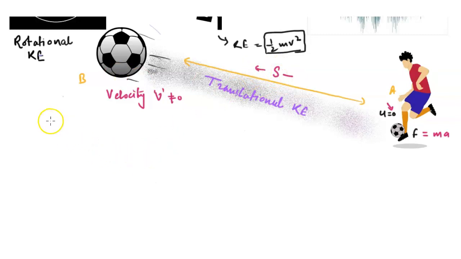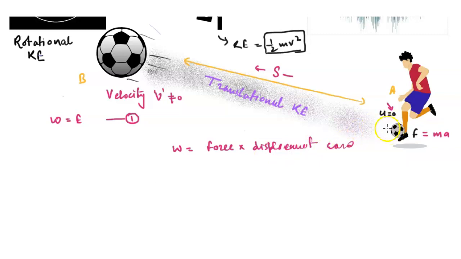Now we know from the previous video you might have seen that work is actually energy. So we will keep this in mind. Energy is nothing but the capacity to do work. Now we have to find the expression for the work. Work is, we know, force into displacement into cos theta.